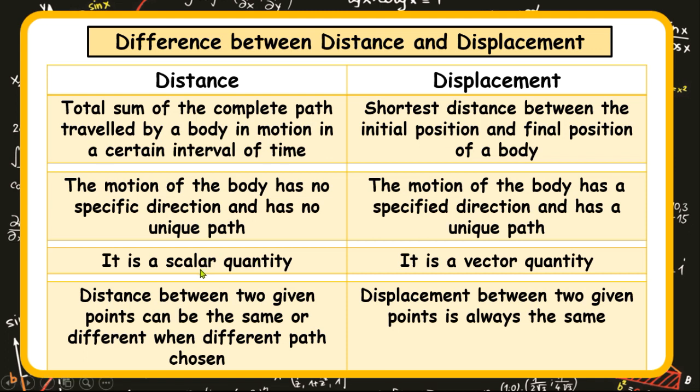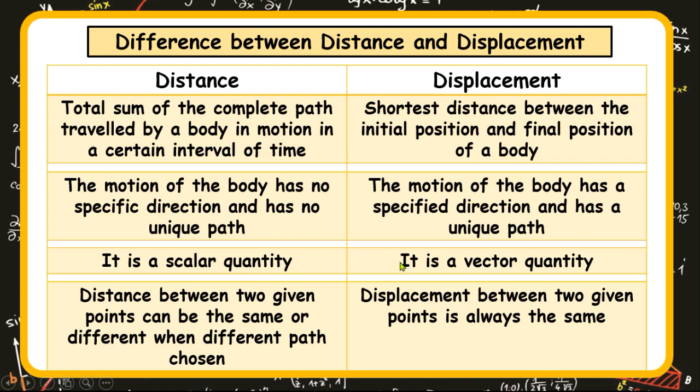The third difference is distance is said to be a scalar quantity. And what that simply means is it is a quantity that has only magnitude, a quantity that you can express numerically, but it has no direction.